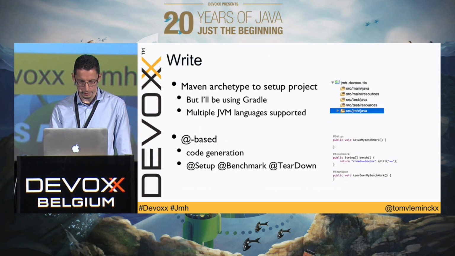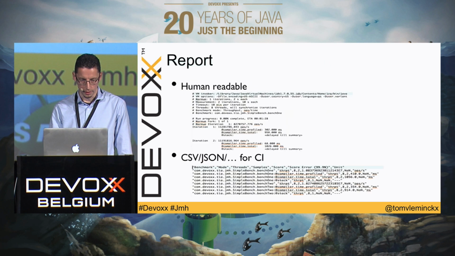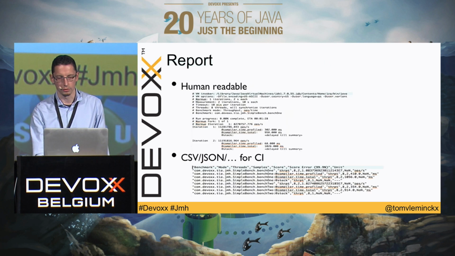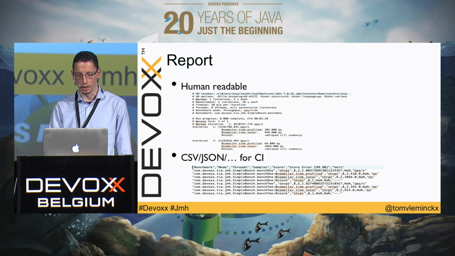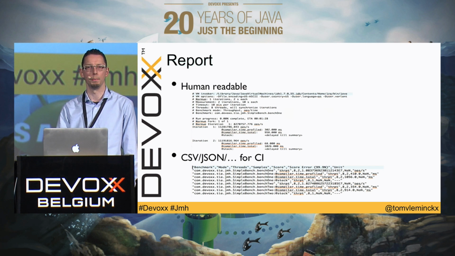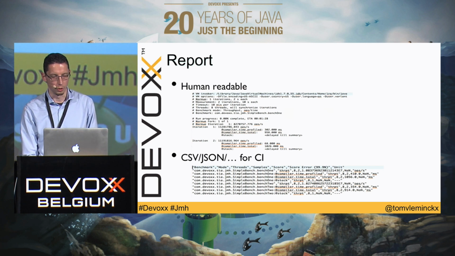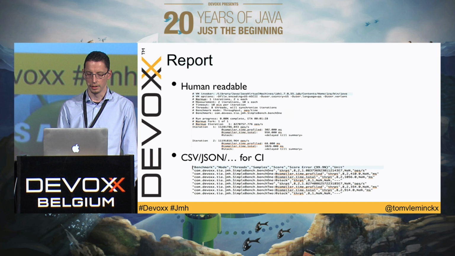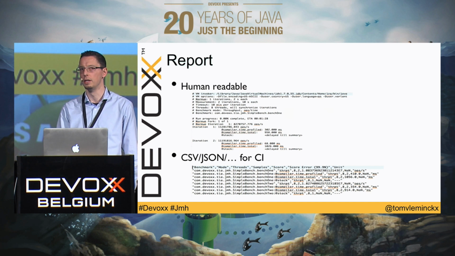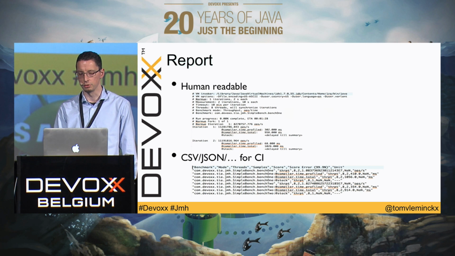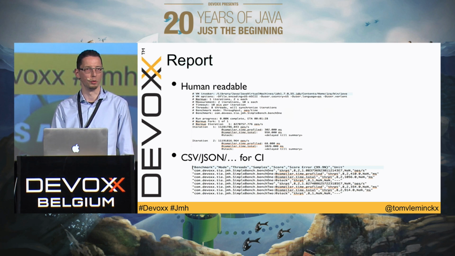So, next step, I already talked about the report. What you've seen until now is the human readable report. Of course, that's for the people that need to analyze this. You can also have the report in a machine interpretable way, a comma-separated file, a JSON file, or whatever you want.